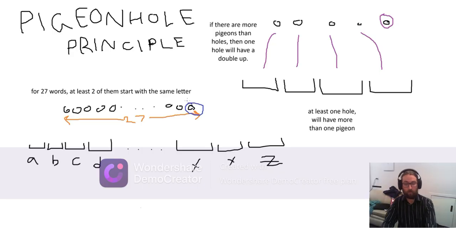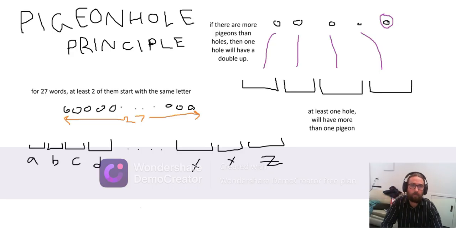It's going to have to create a double up. So this is the same idea again. But remember, the pigeonhole principle is always going to apply if there are more pigeons than holes. Now that's important. This statement is only true because I said 27. If I said 26, it wouldn't be true anymore because every word could start with a different letter. So here, the words are going to be the pigeons and the holes are going to be the letters the words can start with.